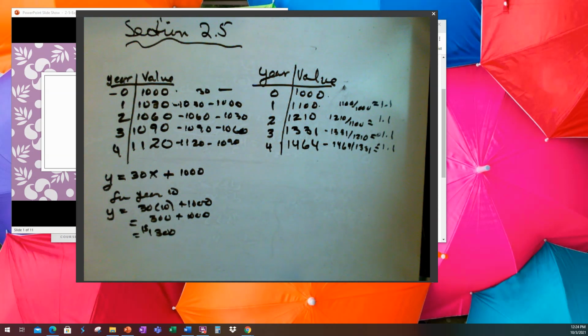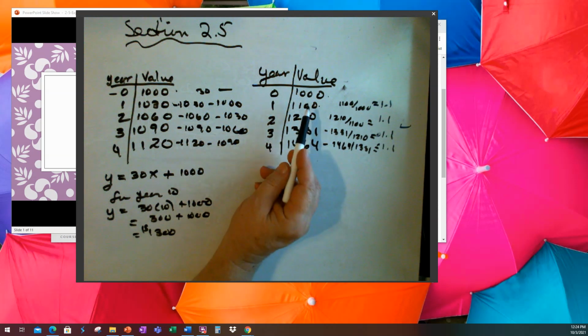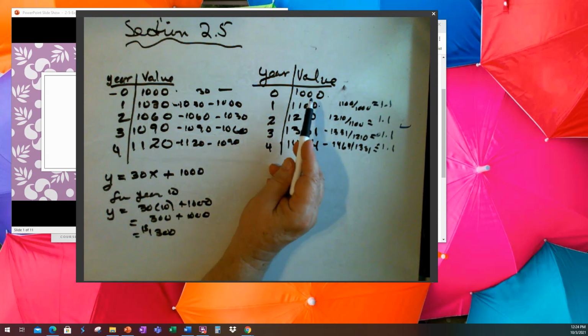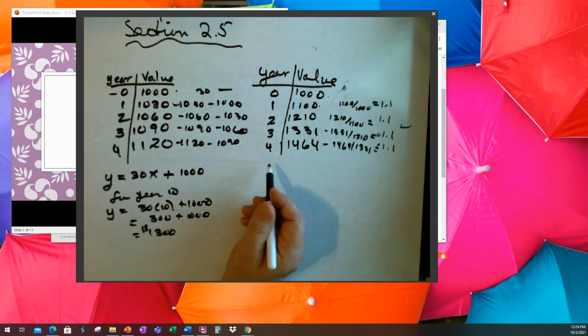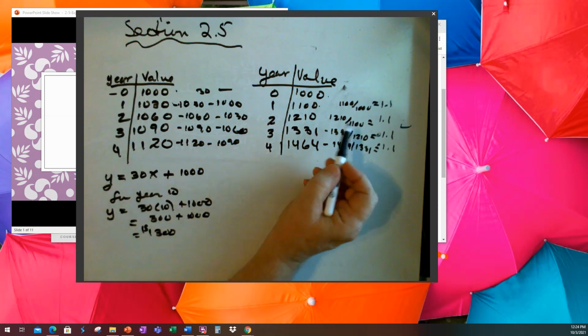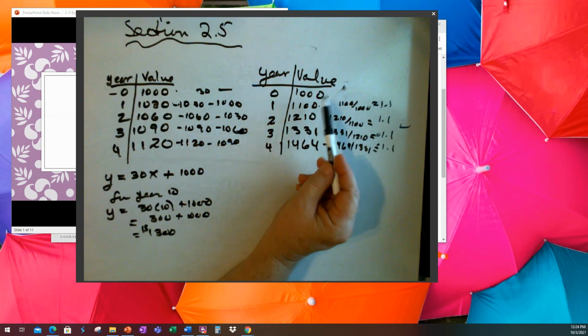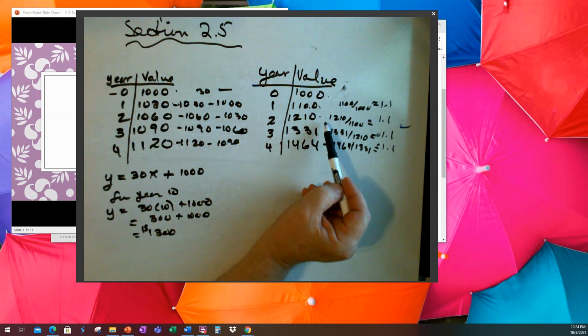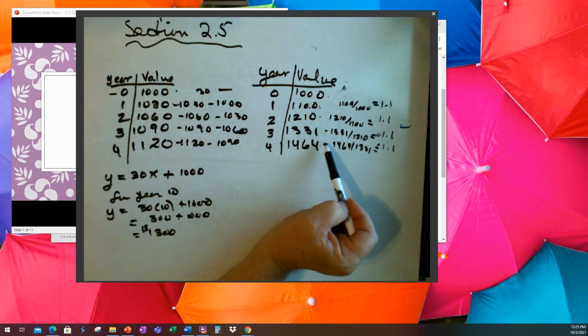So what I'm saying is that if I divide each term by the previous, I get 1.1. Each time I'm getting a multiple of 1.1. So this is the starting amount times 1.1, times another 1.1, times 1.1, times 1.1.